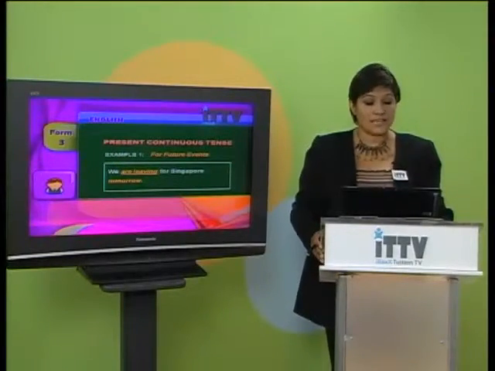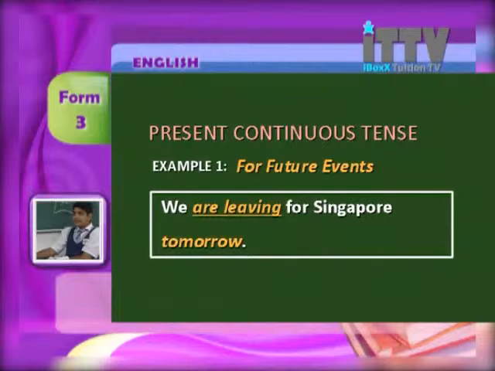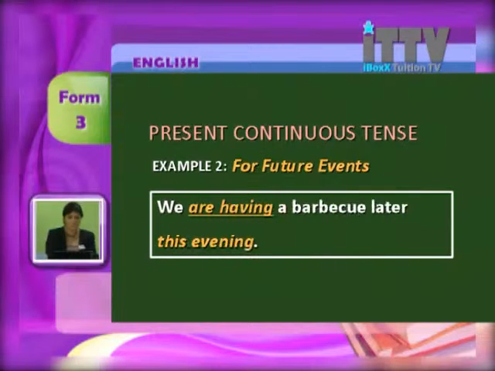Which word in that sentence? Tomorrow. That's right, tomorrow. It shows you that it is a future event. Examples of future events will be next week, next month, the coming year, the coming century, the coming decade. All of that show you that it is a future event.